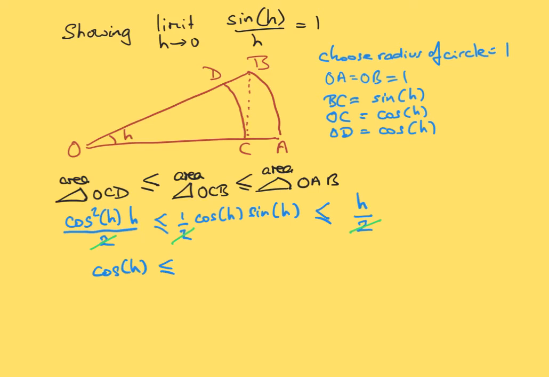And that's going to be less than or equal to, now in the middle term, we're getting rid of the cosine of h, and we're going to get sine of h over h, which is exactly what we wanted. That's why we chose this division. And then in the final term, we are going to get rid of the h again, and we are going to get 1 divided by the cosine of h.